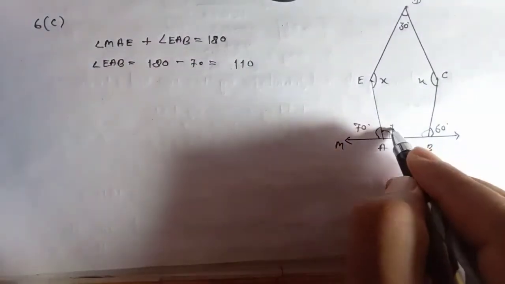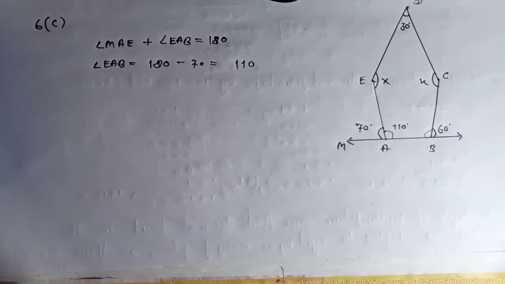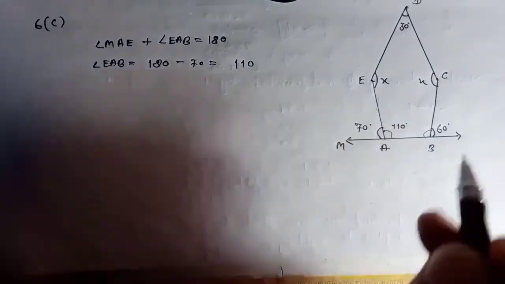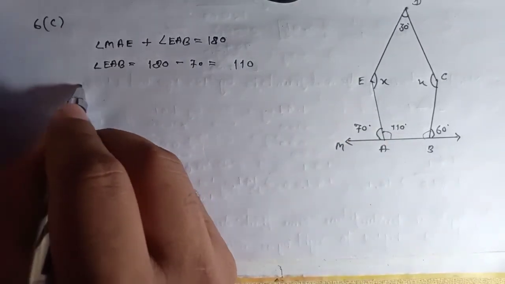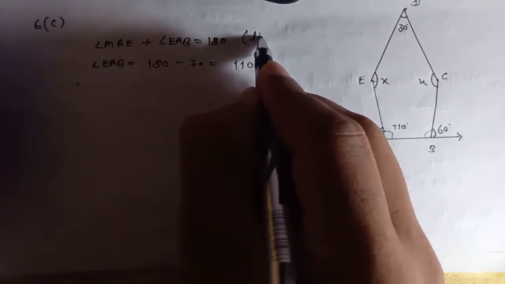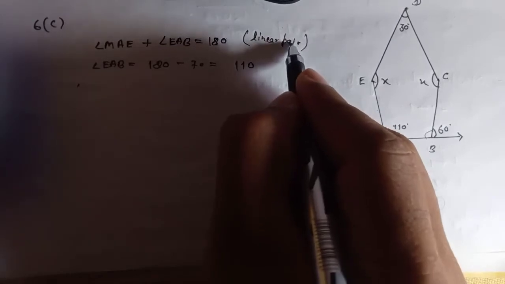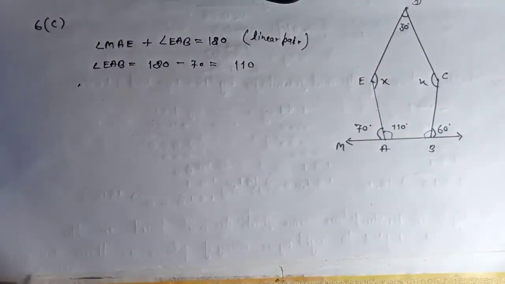So here it is 110 degrees. Now for this angle we have a linear pair. You must write it here, that is the rule of mathematics, you have to follow the steps.